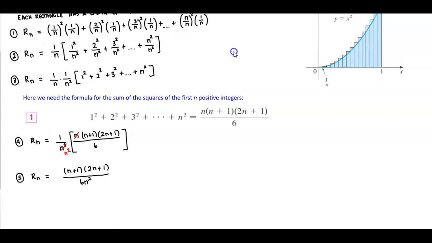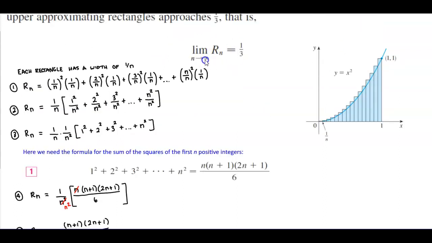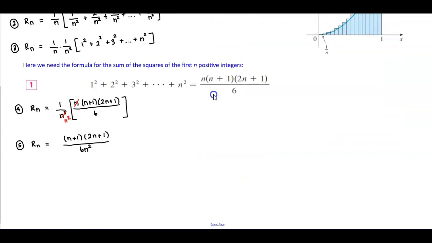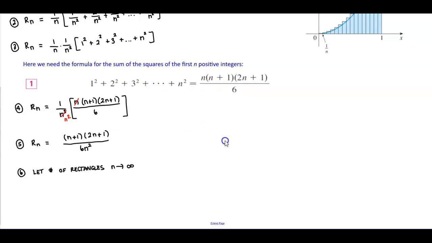Okay, so now we want to go back and talk about this limit as n is approaching infinity. So we're going to let the number of rectangles, which is n, approach infinity. So what does that mean? That means we're taking the limit as n approaches infinity of R subscript n. So let's go ahead and do that.